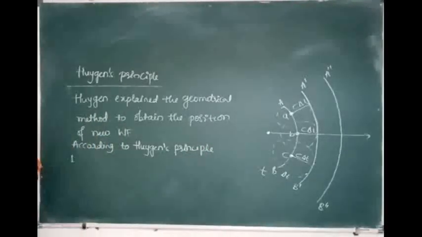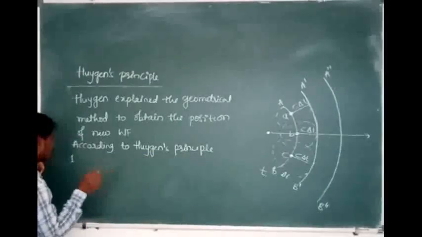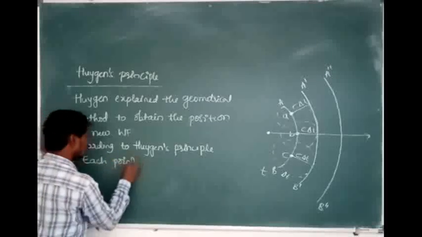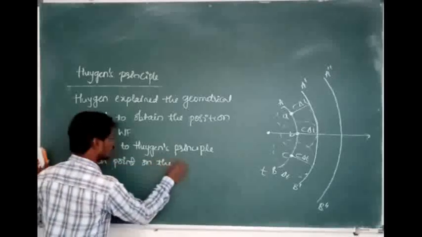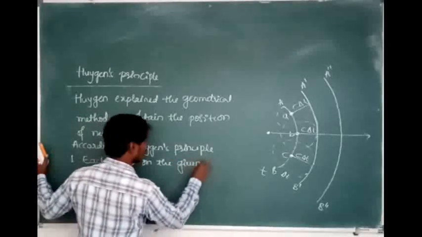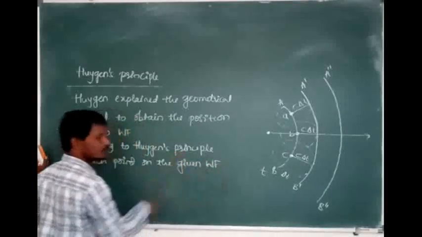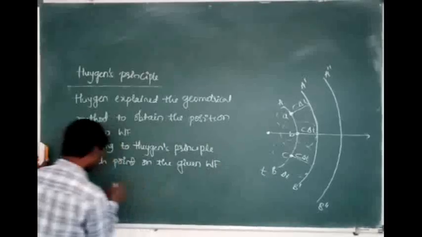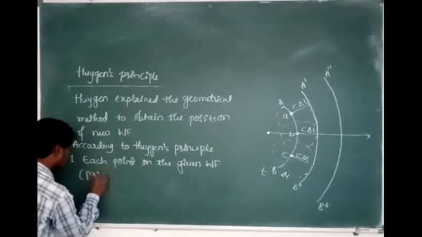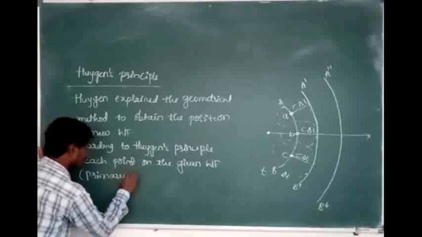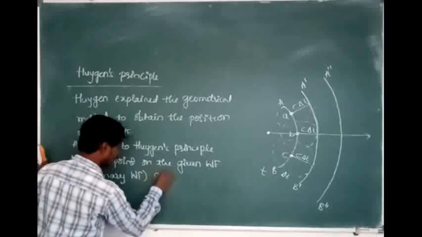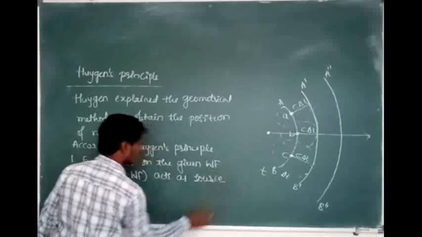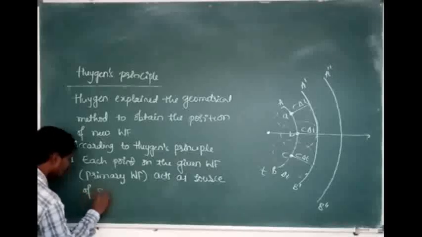First, we are going to take two statements here. First statement: each point on the given wavefront is taken as a primary wavefront, because it can produce these secondary waves. Each point on the given wavefront, also called the primary wavefront, acts as a source of secondary wavelets or secondary waves.